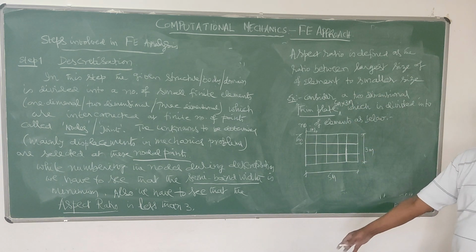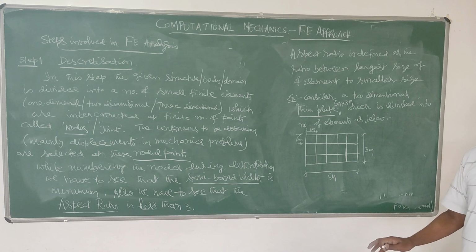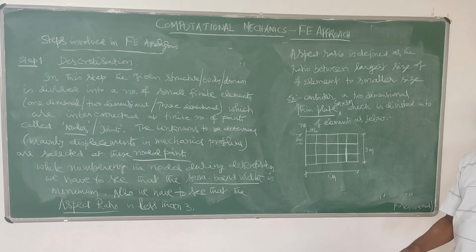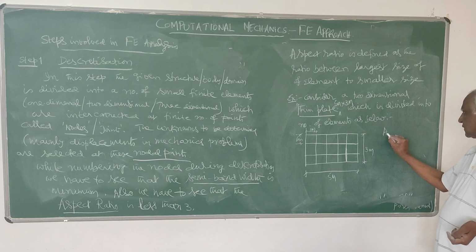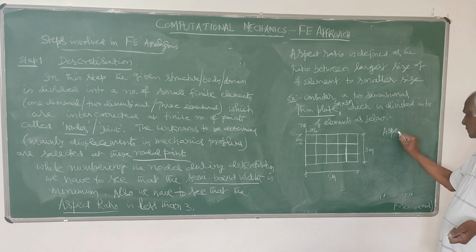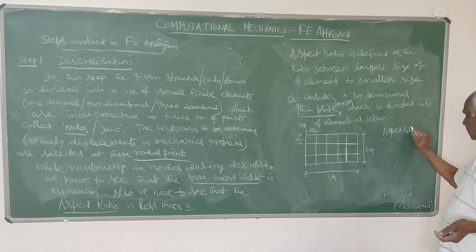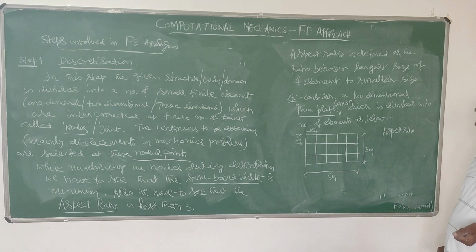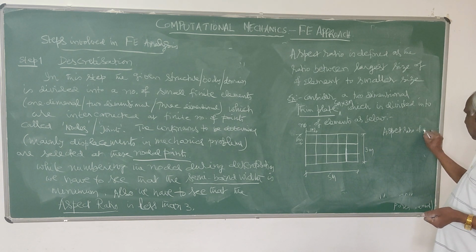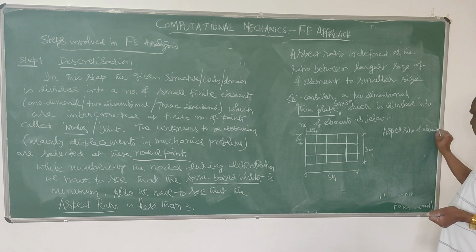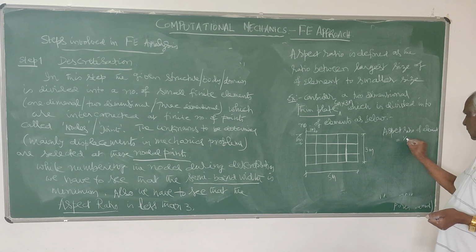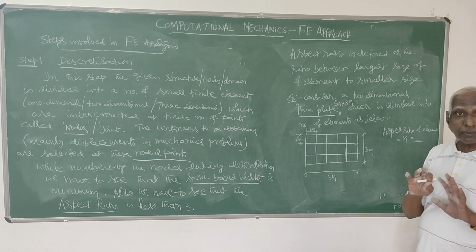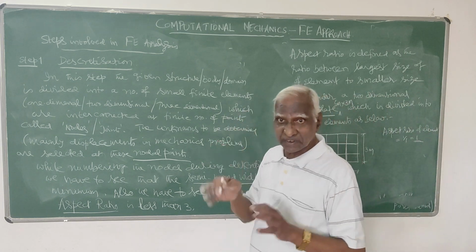So you divide that rectangular plate into small square elements, 1 meter by 1 meter. Now, the aspect ratio of the element is 1 by 1, so it is perfectly all right, less than 3.